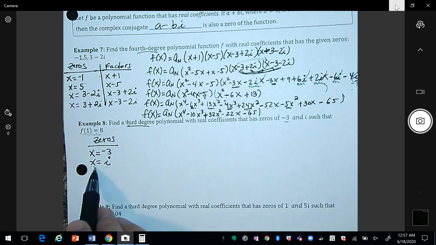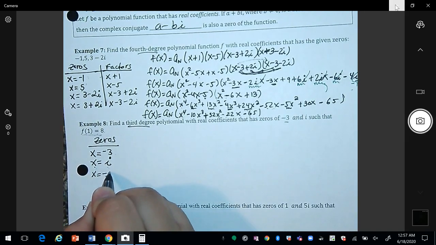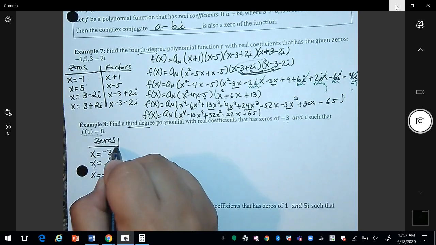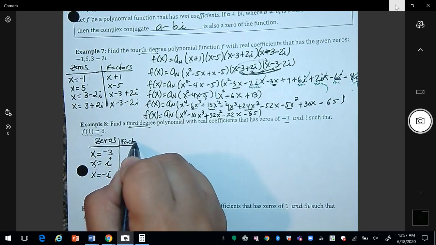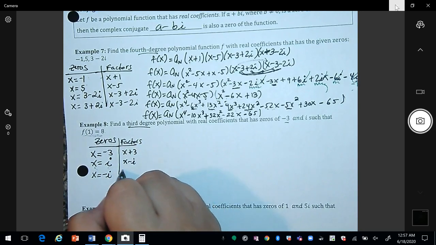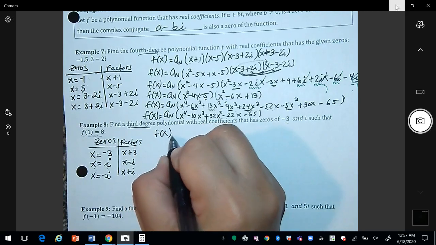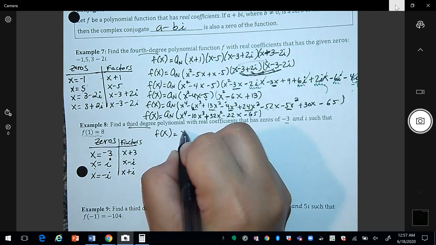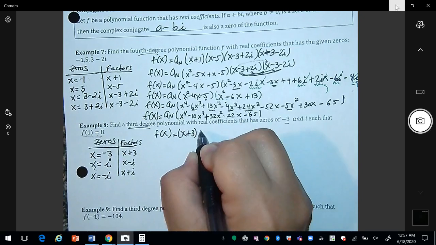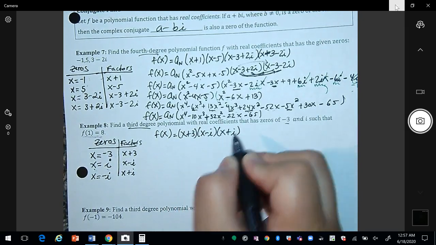We have a complex zero, so the conjugate, in this case negative i, is also going to be a zero. So my factors would be x plus 3, x minus i, and x plus i. So we would write down f of x is equal to x plus 3 times x minus i times x plus i.